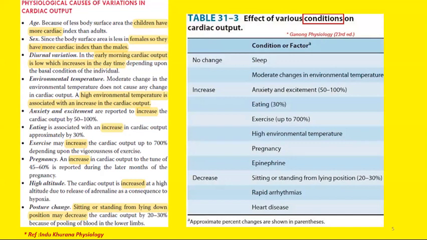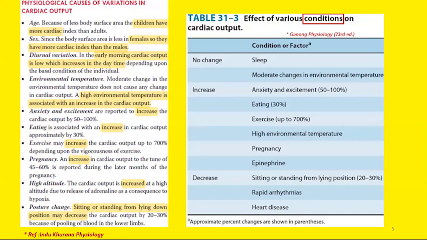Now this table from Ganong depicts the same physiological variations in cardiac output. You can see increased cardiac output in anxiety, during eating, during exercise, during pregnancy. All these factors increase cardiac output.